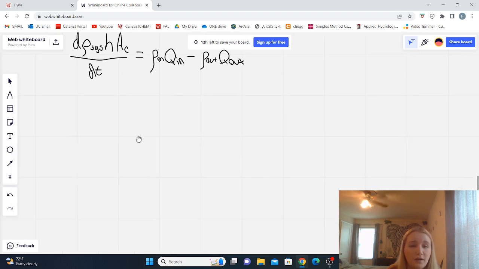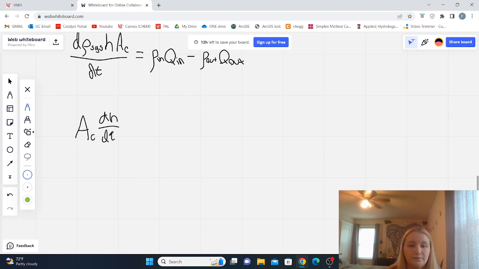So we're just going to be left with AC multiplied by DH over DT, and that's just going to be equal to our Q in minus our Q out.